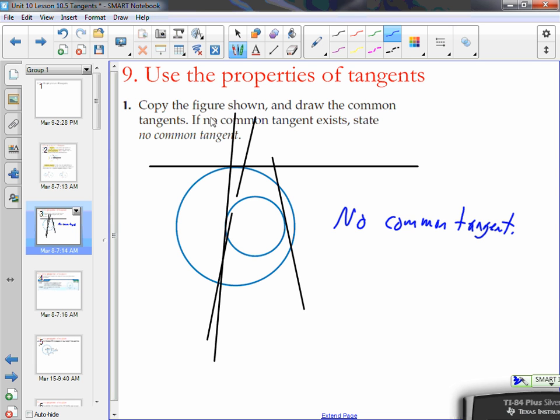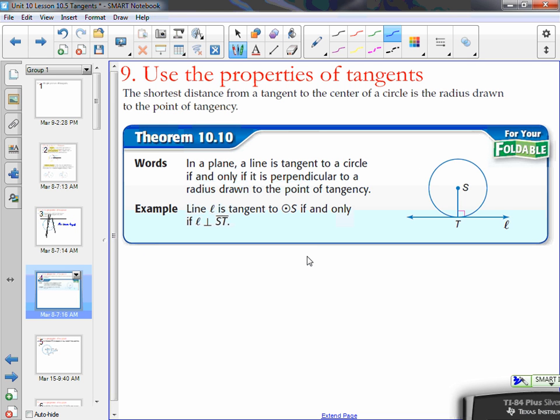Now, we still don't really know properties of tangents, though, do we? We just know what one is. So let's learn a property of tangents. The shortest distance from a tangent to the center of a circle is the radius drawn to the point of tangency. That fact leads us to this theorem. This theorem says a line is tangent to a circle if and only if it is perpendicular to a radius drawn to the point of tangency.